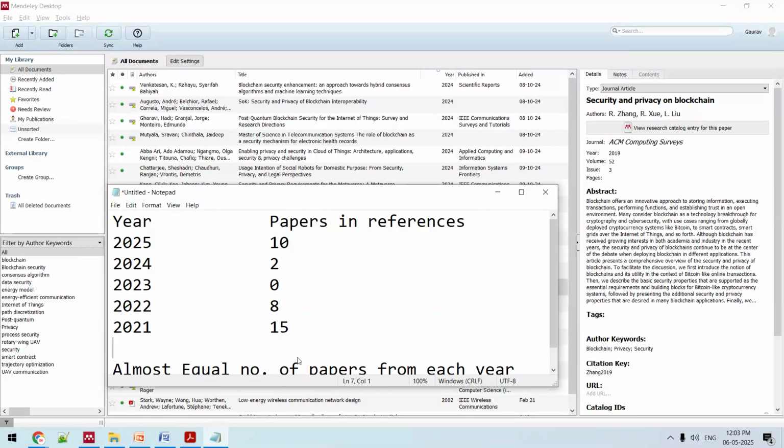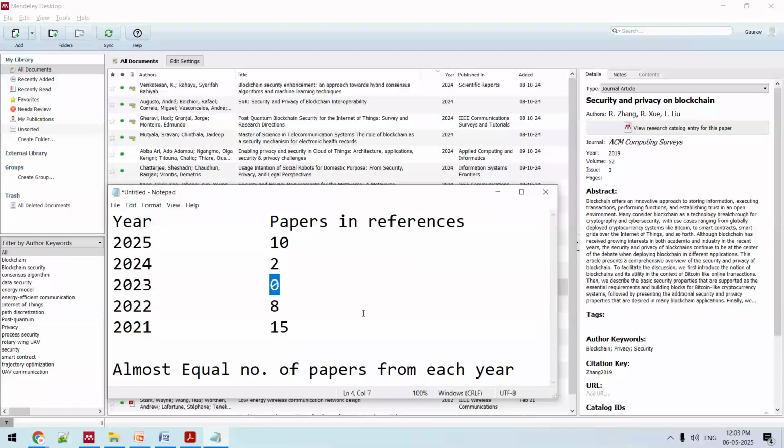This is again a very bad approach of literature review, with 15 papers from 2025, 8 papers from 2022, and no paper from 2023.